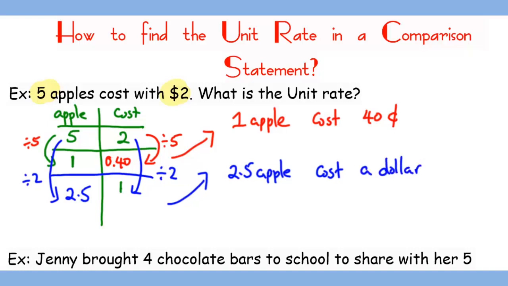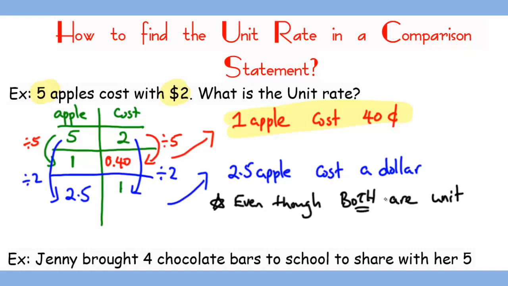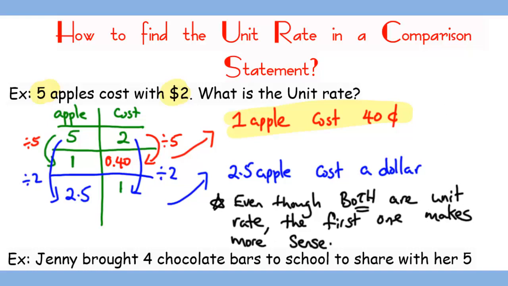Now, with common sense, you should know that you cannot buy apples in halves. So this is the more common statement you use. Even though both are unit rates, this is more common. So let's write it down. This is the one that you should be using, even though they are both considered an answer to the question.